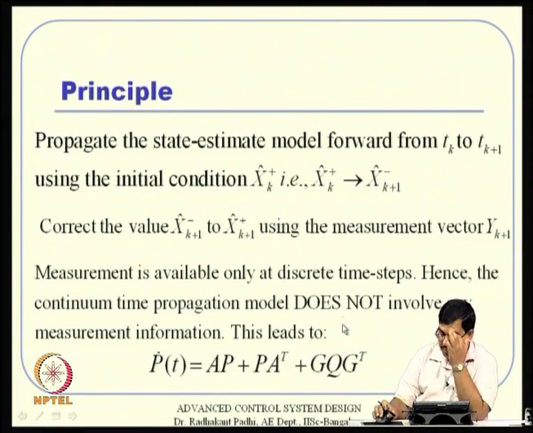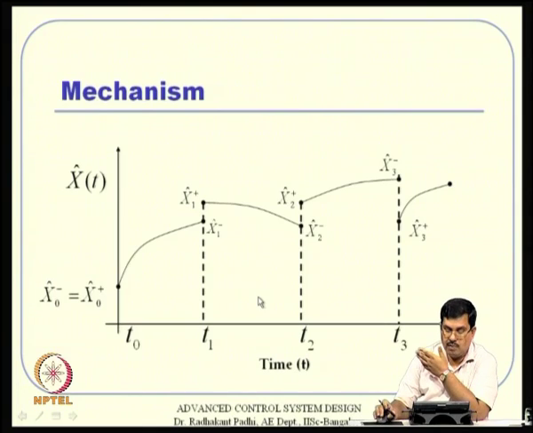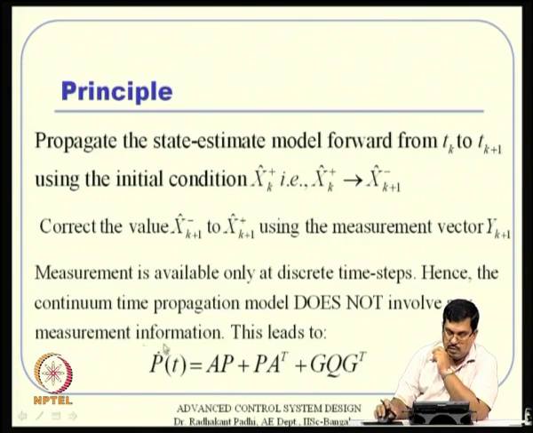So, what it turns out is that unlike the continuous time Kalman filter expressions, because the measurement is simply not available in between, the covariance matrix, which is a continuous time expression this time, is given in a simplified form. That nonlinear term we heard about earlier is not there.